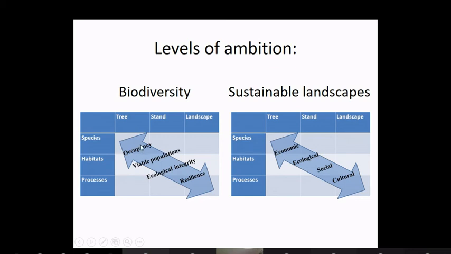You can have occupancy of species, you can have viable populations, but actually to deal with climate change, you need to think about ecological integrity and resilience. And when it comes to landscape sustainability, you actually have to bring in people. So you have to make sure that the social values and jobs and livelihoods are important. And that's also part of the culture.